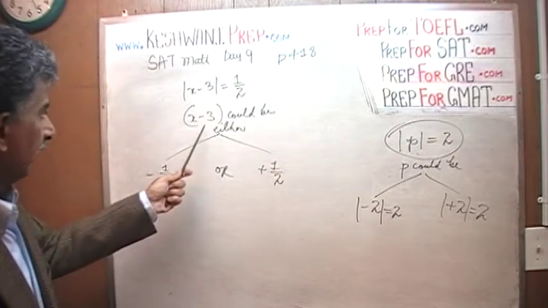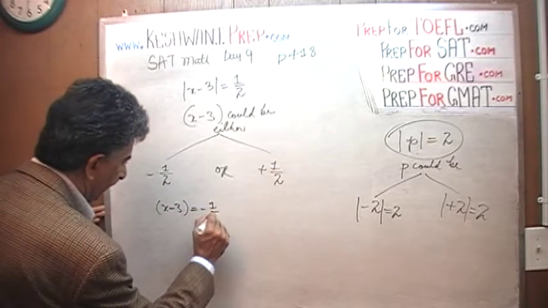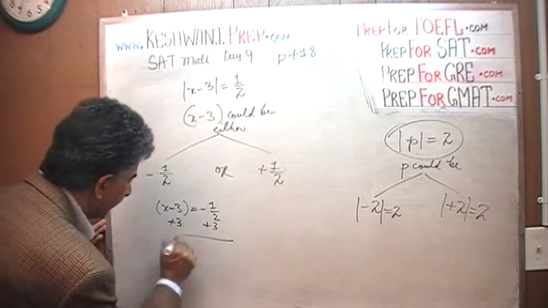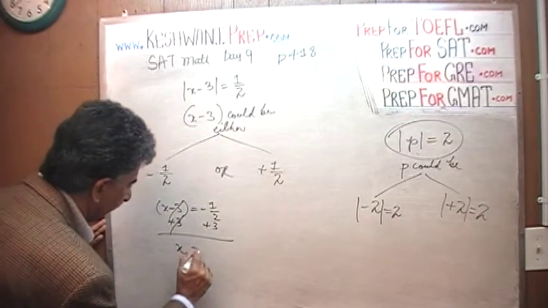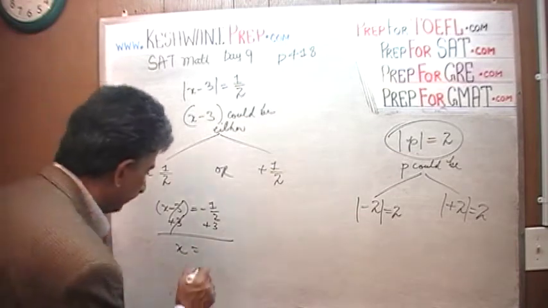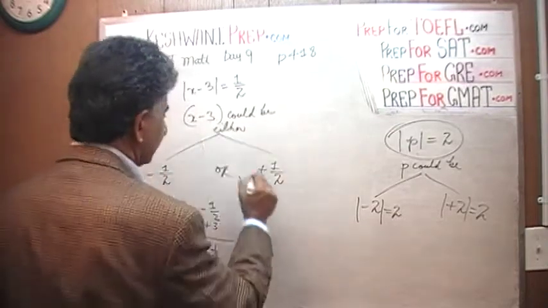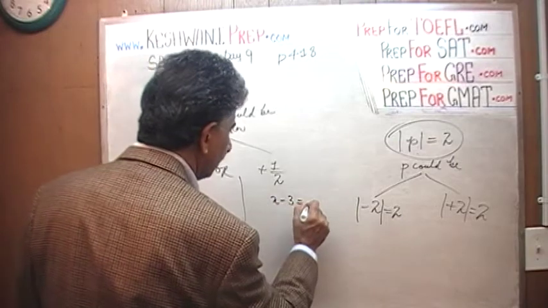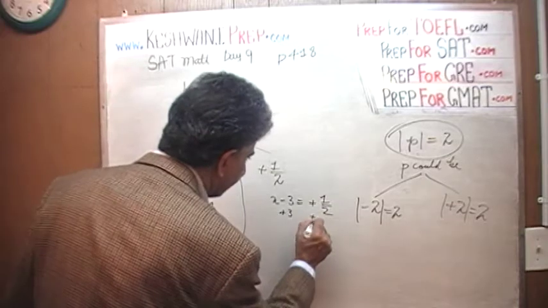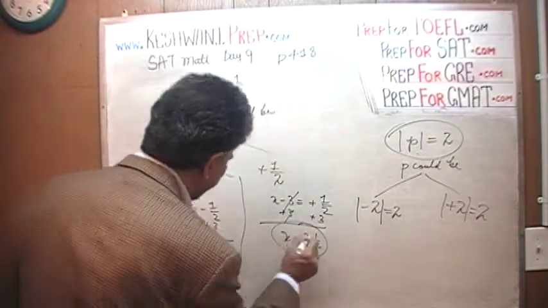If x minus 3 is -1/2, you add 3 to both sides, 3 cancels out, and we end up with x equals 3 minus a half, which is 2.5. Or another possibility is that x minus 3 could be +half. In which case again we add 3 to both sides, and that tells us that x could be 3.5.